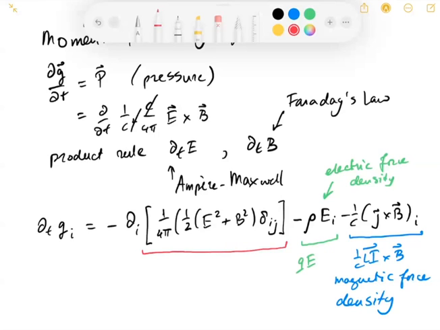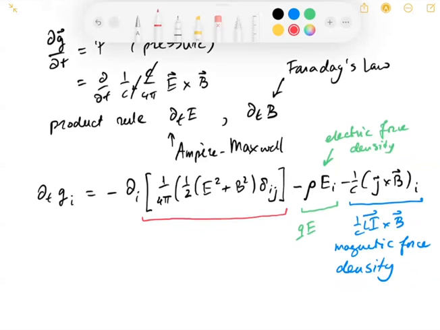Anyway, so this is the one to pay attention to. This is what we call Tij, and this is the stress tensor, sometimes called the Maxwell stress tensor.